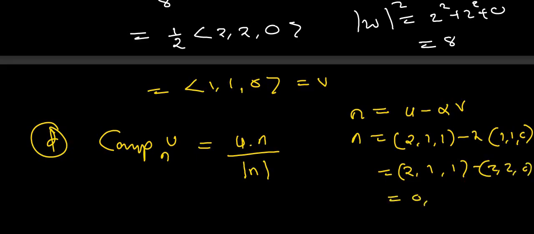This will give us 0, negative 1, 1. So this is the vector N.